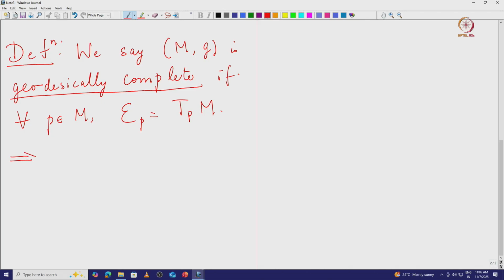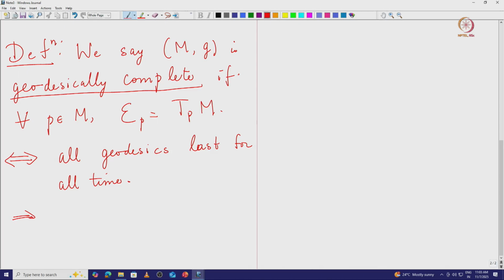Or equivalently, all geodesics last for all time, right, because all geodesics are of the form exponential p of tv for some p and some v, then the fact that the domain of the exponential map is the entire tangent space is equivalent to saying that all these geodesics last for all time, okay.